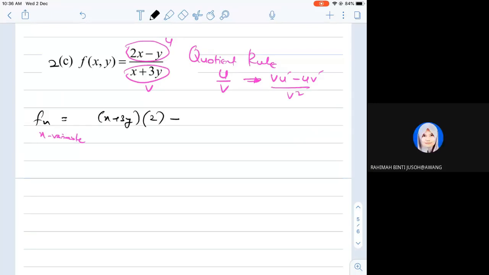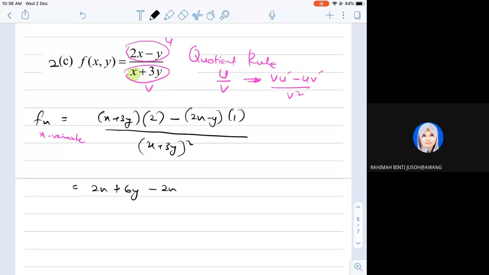And then minus u. U is 2x minus y. Differentiate v. Differentiate x gives 1. Yes, very good. So we have 1, divided by v squared, so x plus 3y squared. Okay, so from here we will have 2x plus 6y minus 2x plus y over x plus 3y squared.